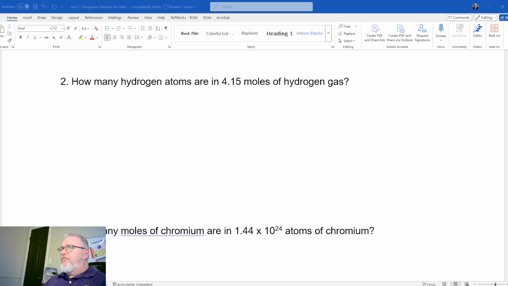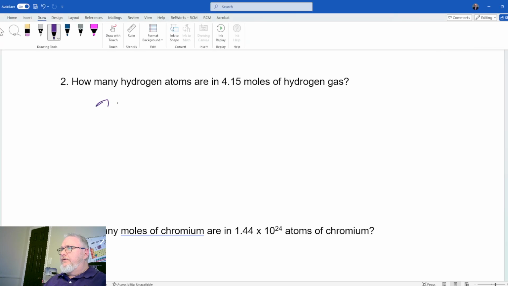So you remember our little formula here. Little n equals big N, which is our number of particles, divided by Avogadro's number, Na. Okay, so we just sub in and we'll find it. 4.15 moles of hydrogen gas.